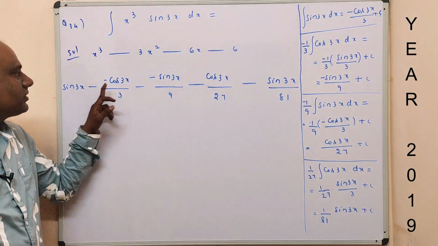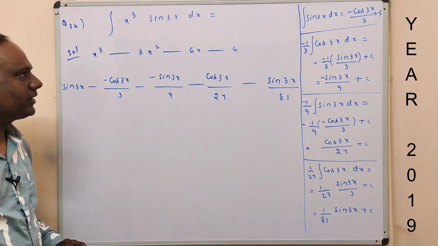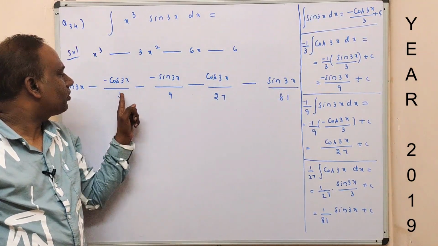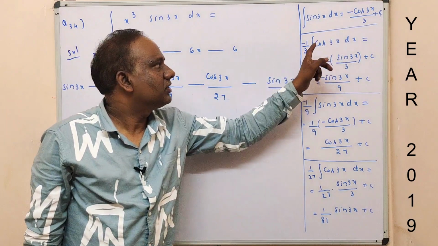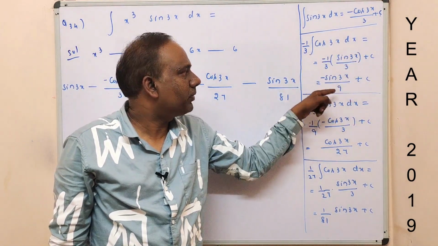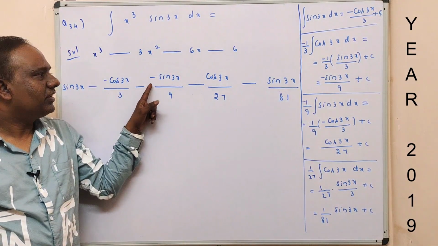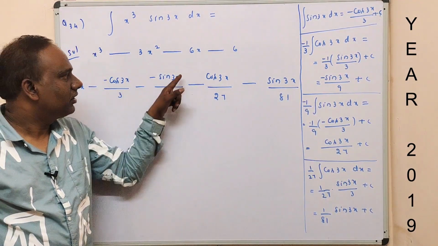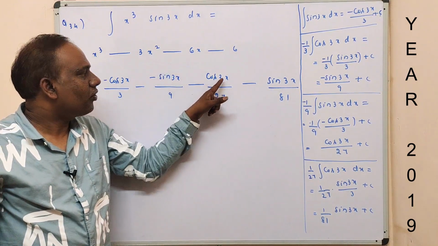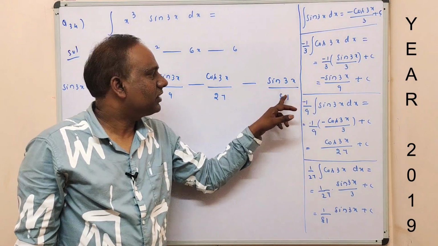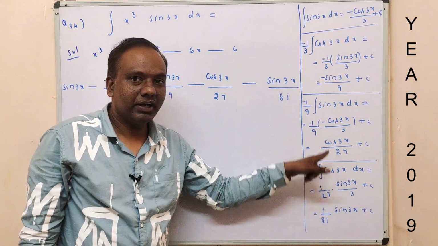Integration of sine 3x is minus cos 3x by 3. This one I already explained, so for understanding purpose I am writing directly here. This integration is minus sine 3x by 9, and this integration is cos 3x by 27, and this integration is sine 3x by 81. Here I am writing.